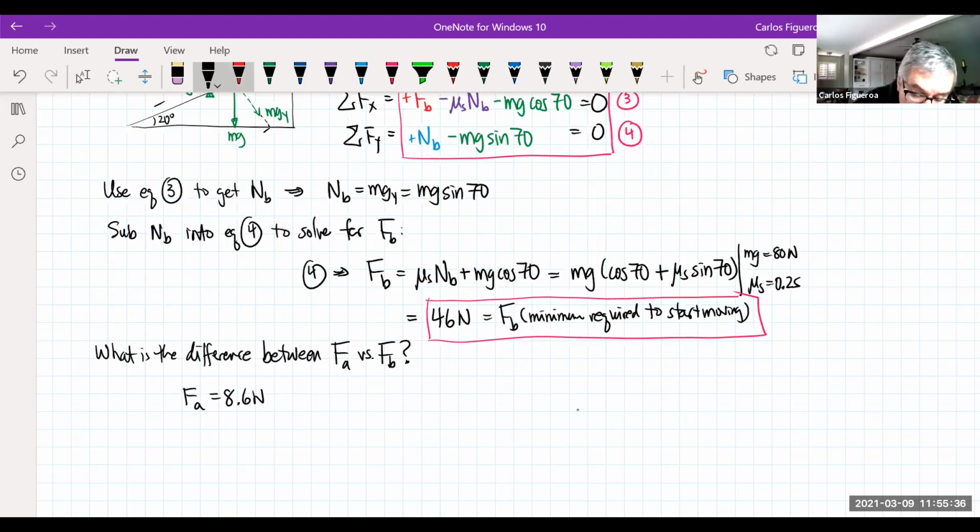And in this scenario here, what we're finding here is that what happened here? Friction was helping to stop the downsliding.